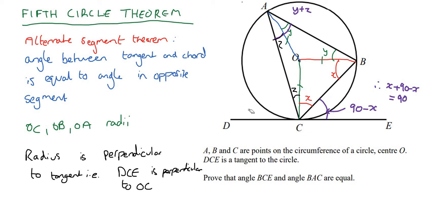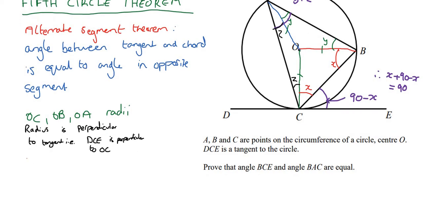Now what else can we do with this? The only other thing we can really do at this point is use the fact that angles in a triangle add to 180. So let's do that. Okay, so angles in a triangle add to 180. We know this. And our triangle is ABC. Add to 180.